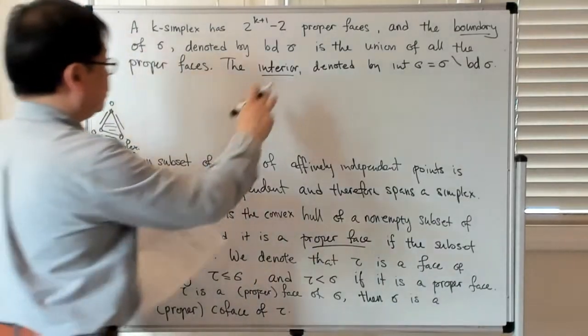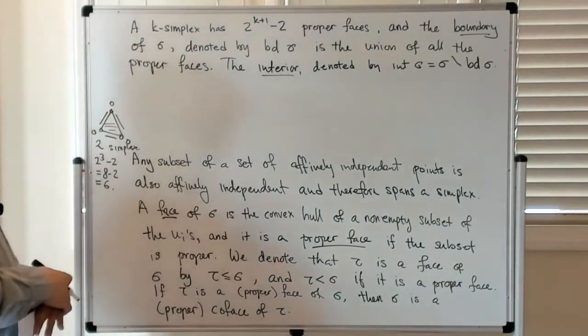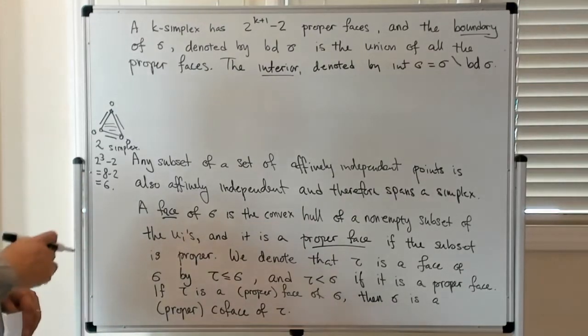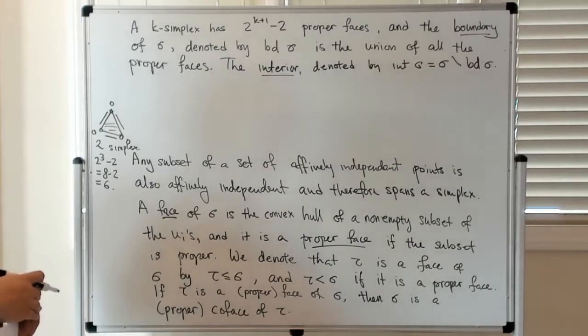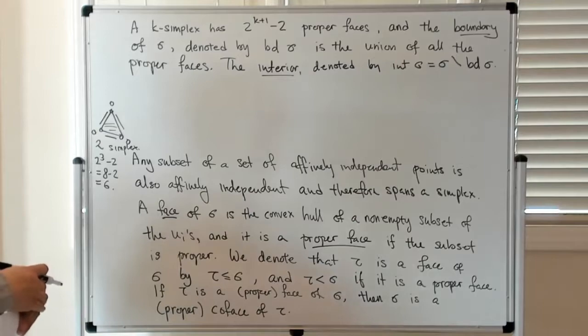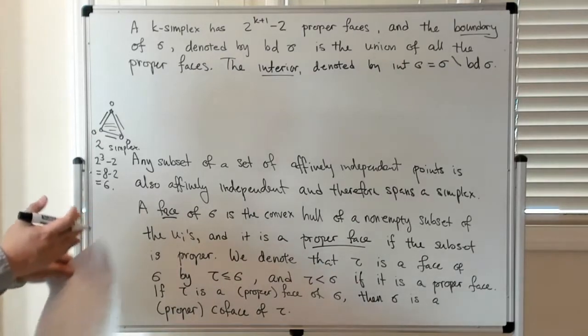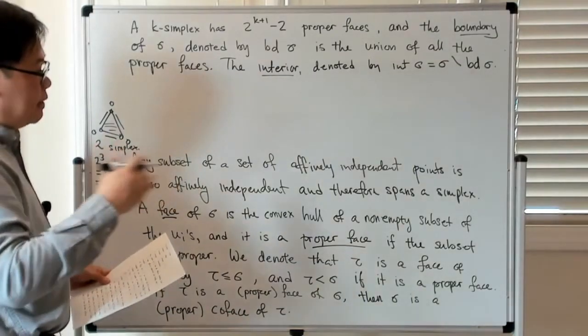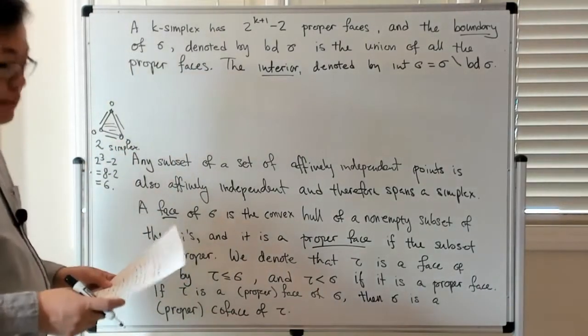You might ask, if you know that any point in the K-simplex is obtained by a convex combination of these K plus 1 points, can we say something about when a point is in the interior, just based on the coefficients in this representation?